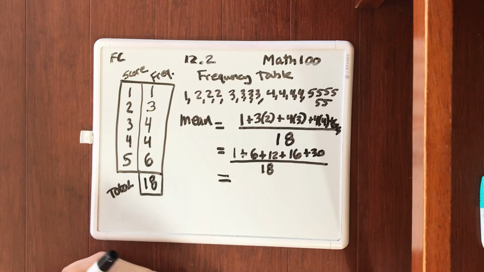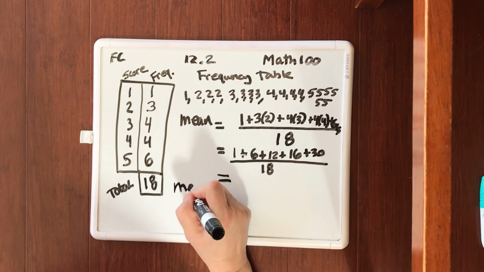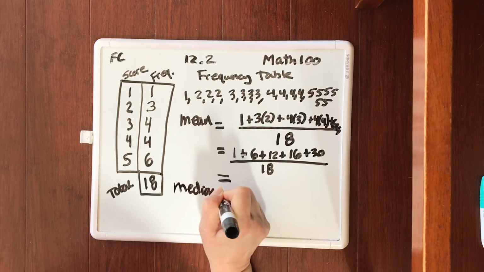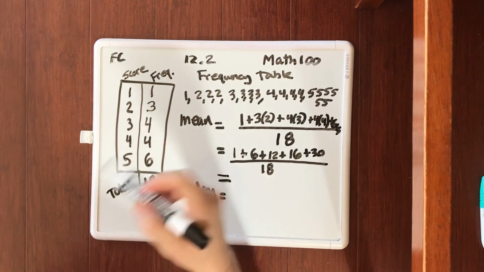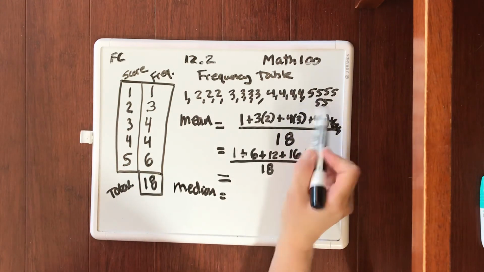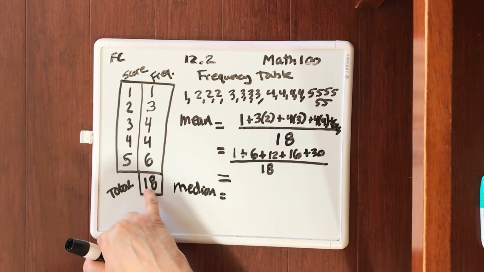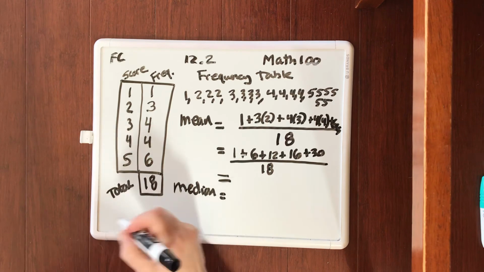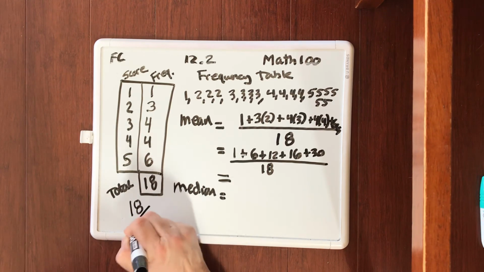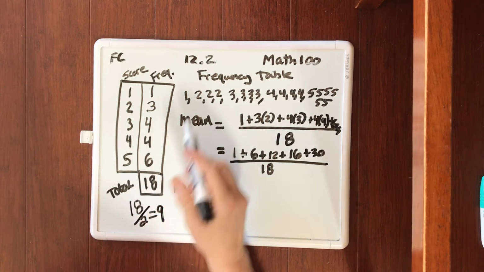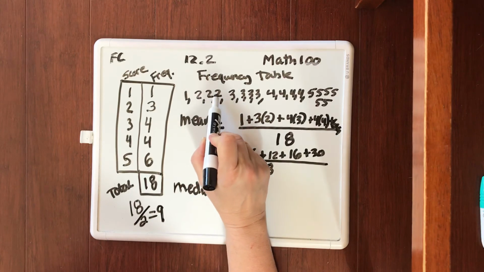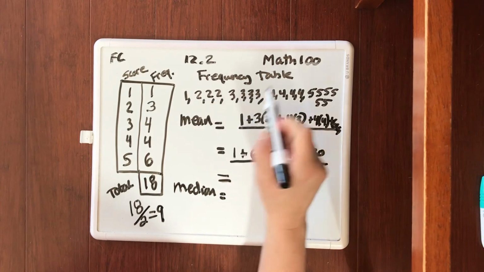Now let's look at the median. The median is the middle. Now notice these are all in order from smallest to largest, so that's good. We have 18 people. So the middle would be 18 divided by 2, right? That would give us the middle. So we're going to go over 9. 1, 2, 3, 4, 5, 6, 7, 8, 9.